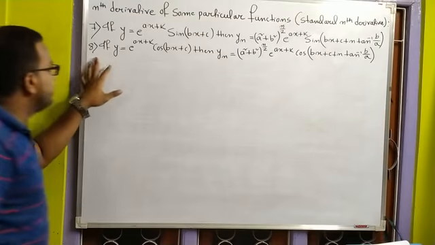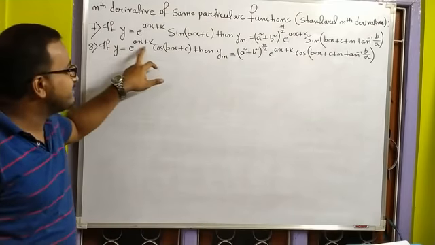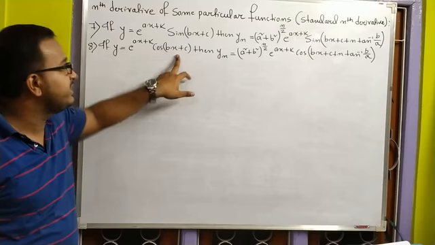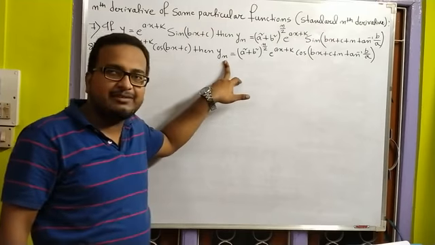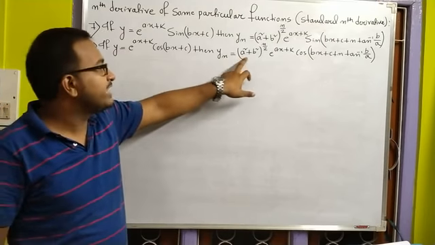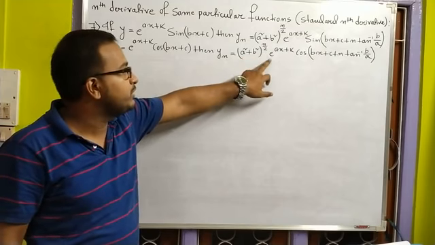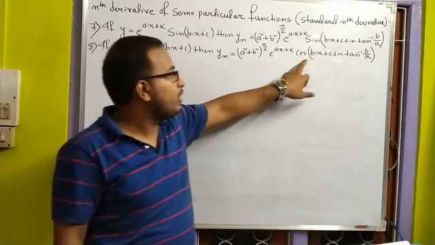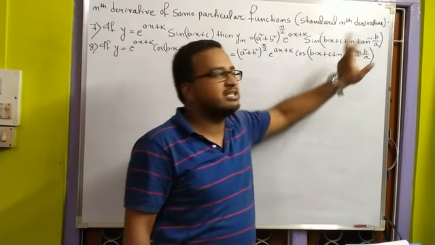And number 8, if y equals to e to the power (ax plus k) into cos(bx plus c), then yn, the nth derivative of the function y, equals to (a square plus b square) to the power n by 2 into e to the power (ax plus k) cos(bx plus c plus n tan inverse b by a).